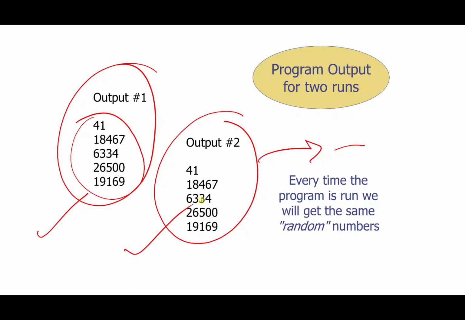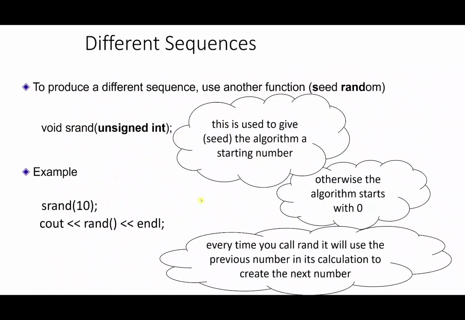So how can we make it different? Every time I run my program, I want a different output. It's by setting the seed, the input, yourself. Now the input takes an unsigned int, and to set the seed you use srand.